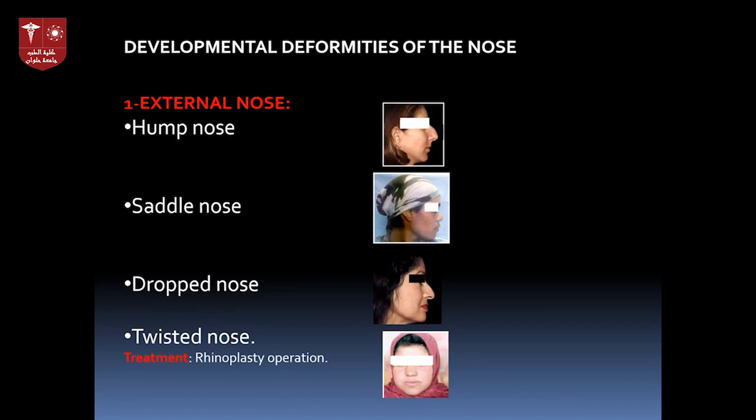Some people call it a Roman nose. Saddle nose, which is the opposite, a depressed nose. Dropped nose, as you can see in the third figure, and twisted nose. Twisted nose is like the nose going to the right or to the left, not in the midline.